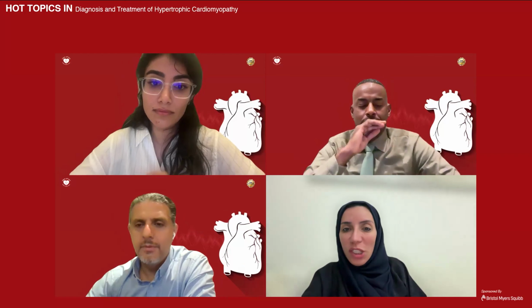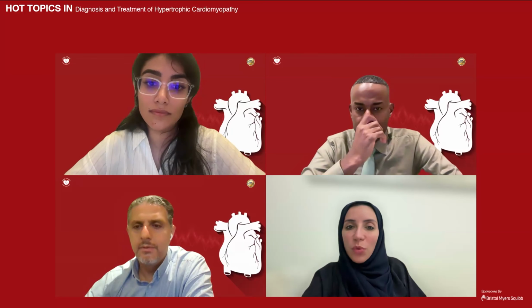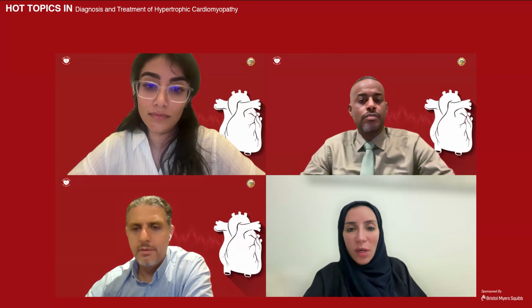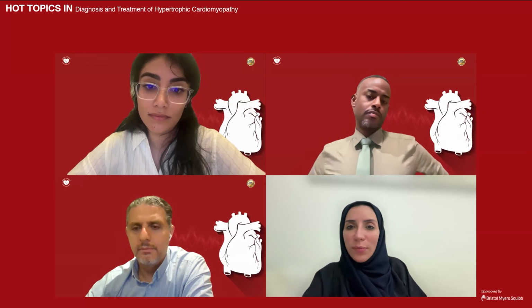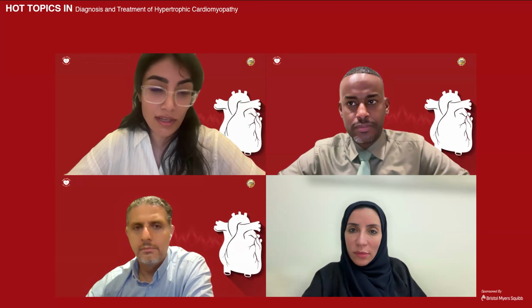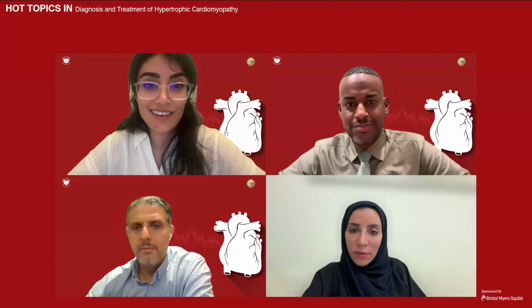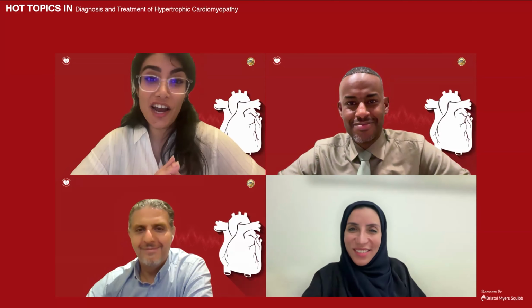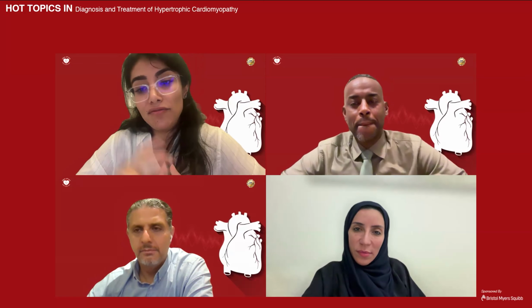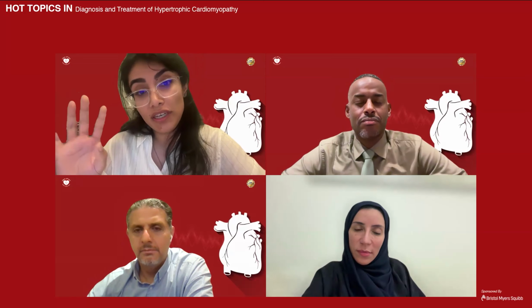Question for Dr. Bashar: what is the importance of LGE, and how do you differentiate between the LGE due to HCM versus non-HCM causes, such as Fabry's or cardiac amyloid? That's a great question, because I think that's the easiest thing cardiac MR can answer for you. Generally speaking, Fabry's is the easiest one to put aside.